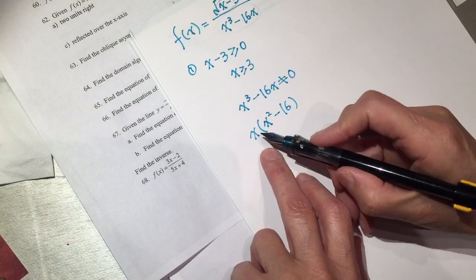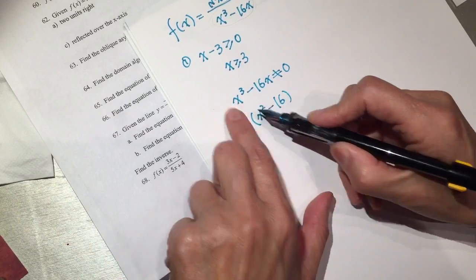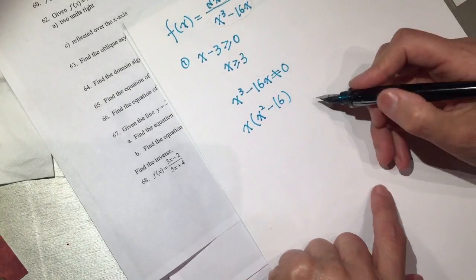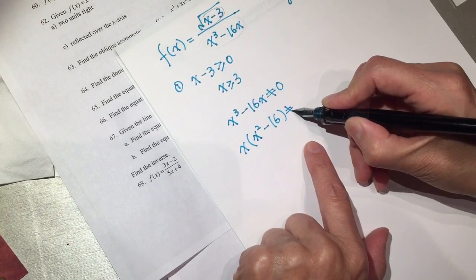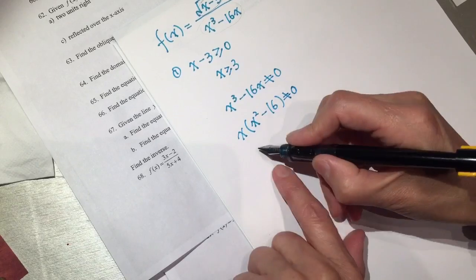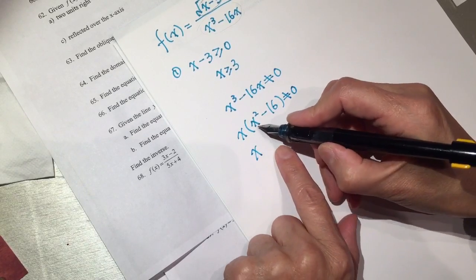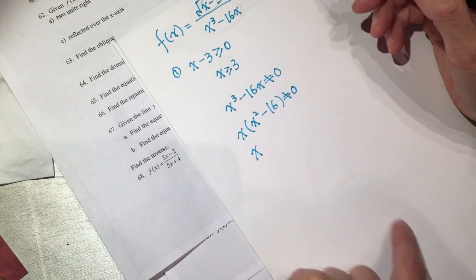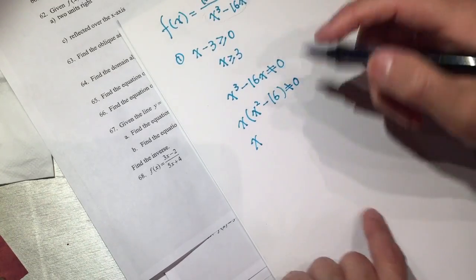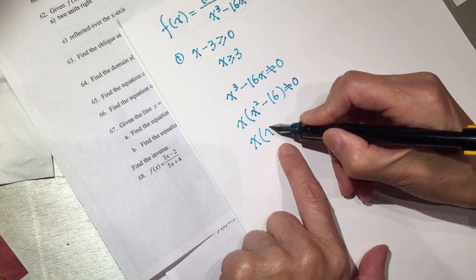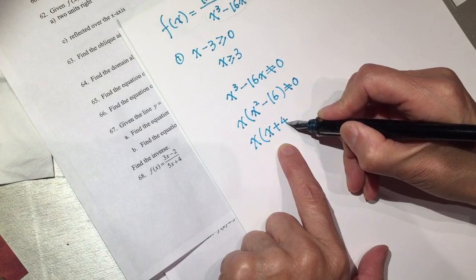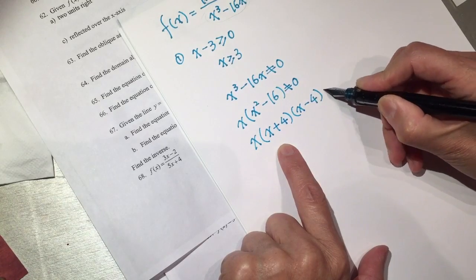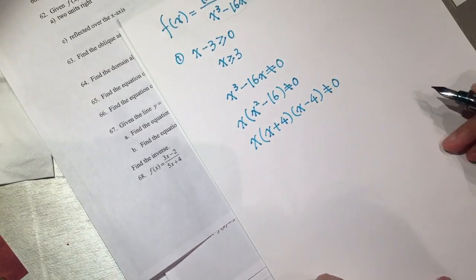We did not change anything. And x squared minus 16, we can still factor it. x times (x plus 4) times (x minus 4) cannot be equal to 0.